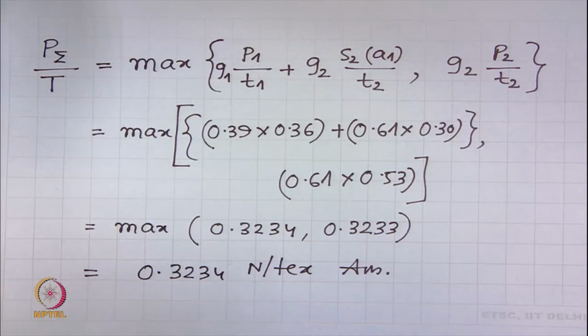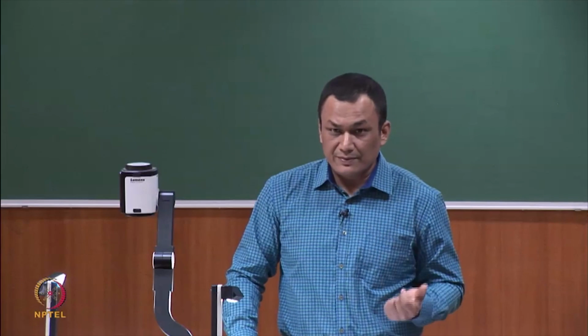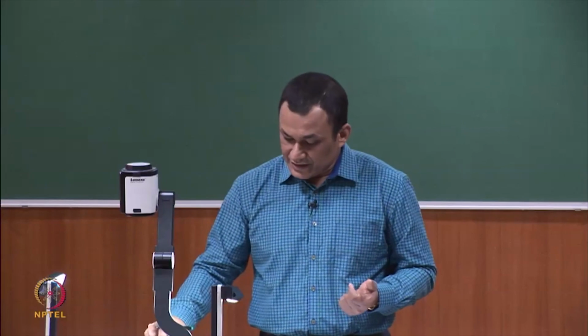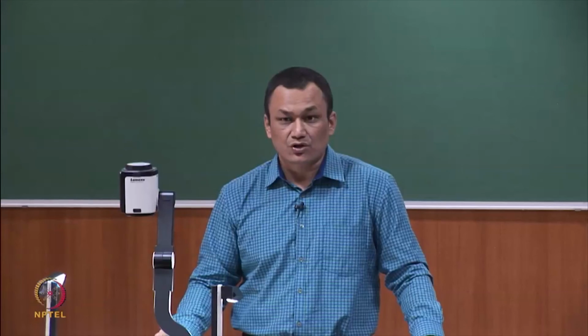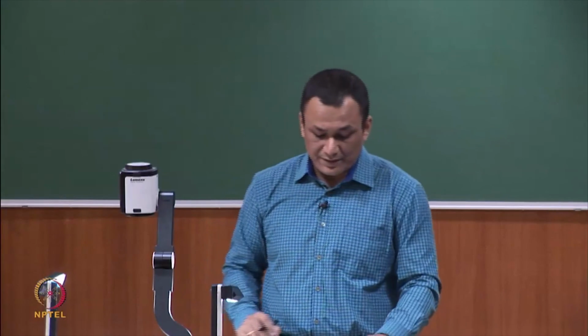So, the bundle which gives you minimum tenacity, where the minimum tenacity is 0.3234 Newton per text, and that bundle consists of 39% cotton fibers and 61% polypropylene fibers.